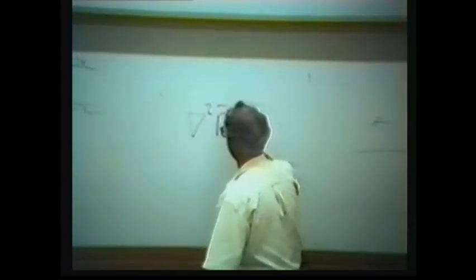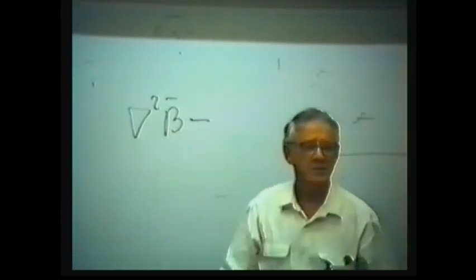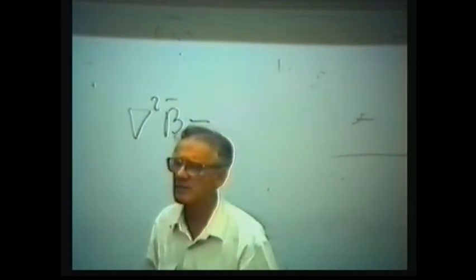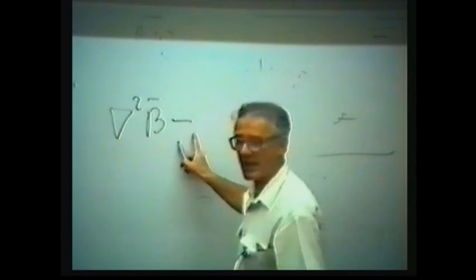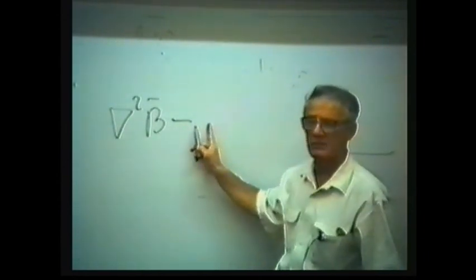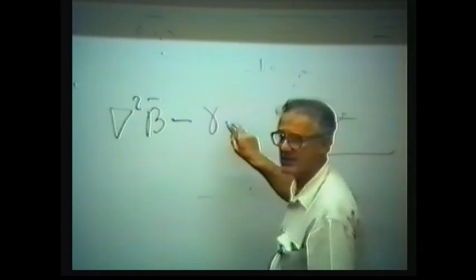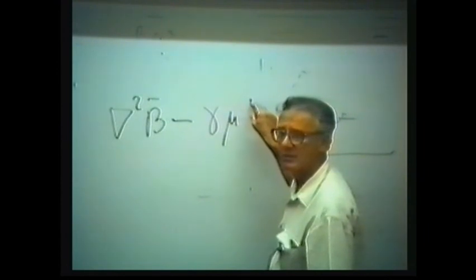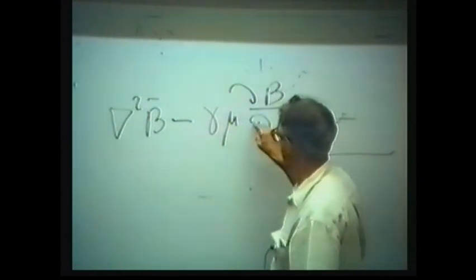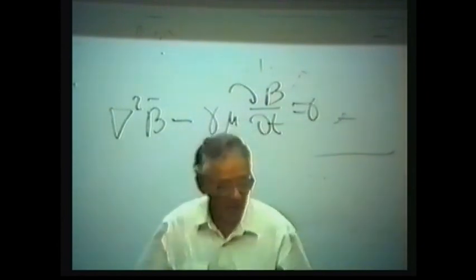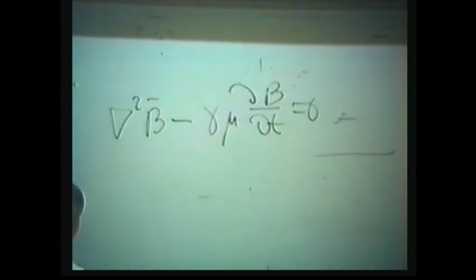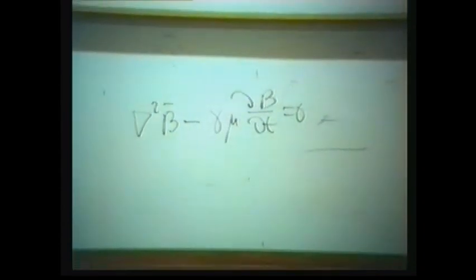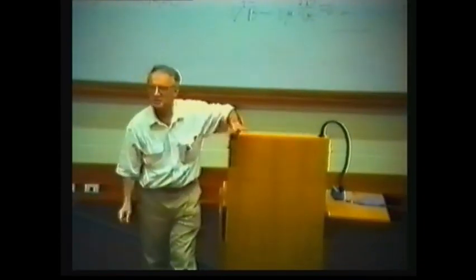Laplacian B minus, no, the Helmholtz equation: conductivity times mu times first derivative equals 0. How do we call this equation? Diffusion or heat equation. That's our mathematical foundation of all electromagnetic methods.